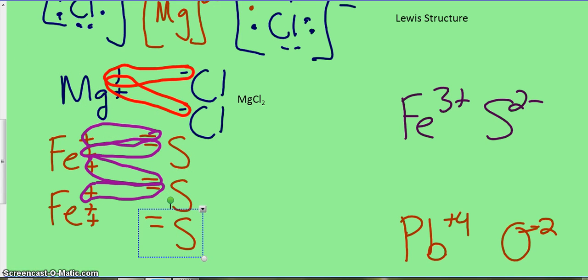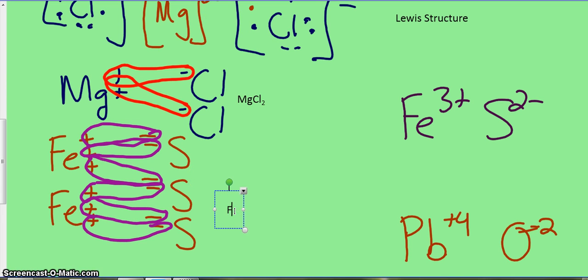Once I get that third sulfide, I should be able to pair up everything evenly. Every positive cancels out a negative, and that's going to give me Fe2S3.